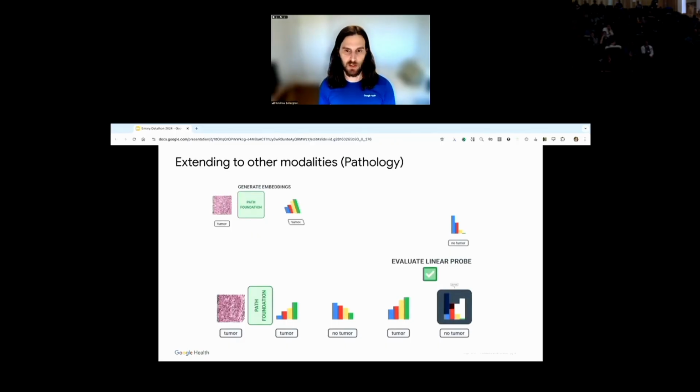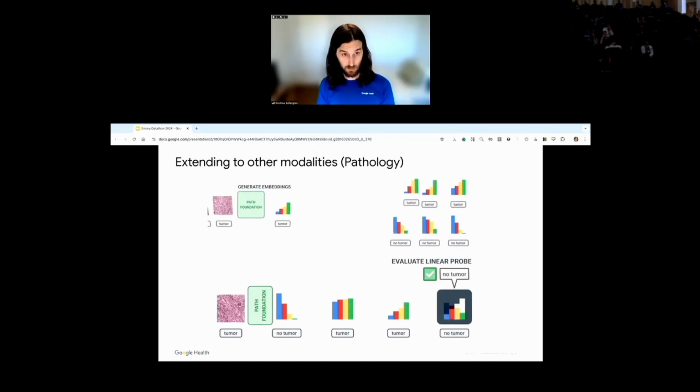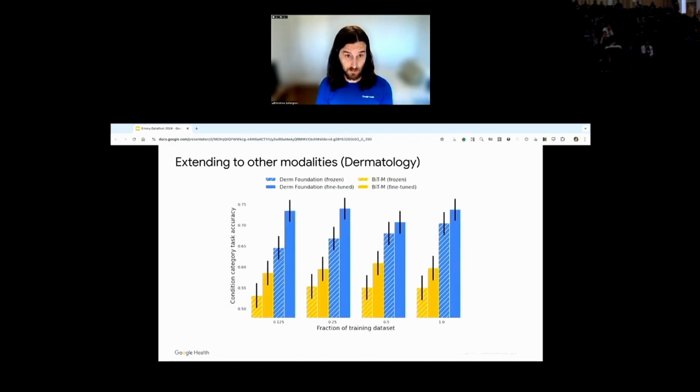What's the staging of the tumor? And similarly with dermatology, we found that with this approach of using a frozen model with small models trained on top of it, you get good or even better performance than if you were to try to train end to end with a much smaller amount of data.